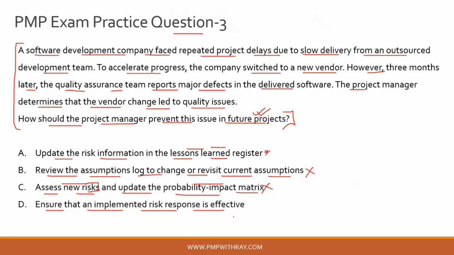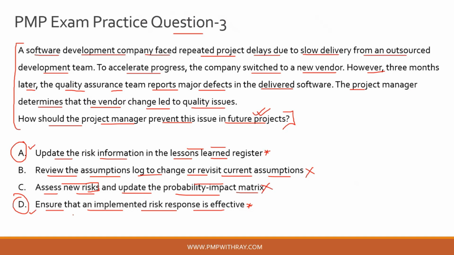Even if you mitigated the schedule risk, you introduced a new risk of quality by switching suppliers. So you need to keep in mind that it is not only important to plan a risk response, but also to implement it properly and monitor it as well. That is why answer option D also looks like a possible answer choice for this question. So that leaves us with either option A or option D as the correct answer choice.